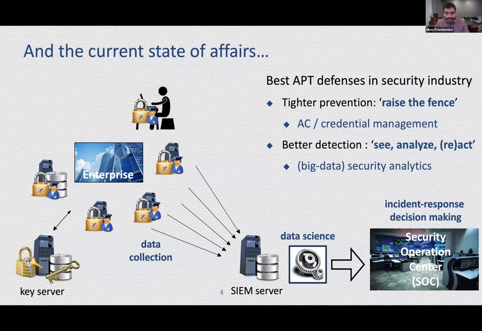And there is some further data analysis. This is where the magic of machine learning and data science happens, so that at the high level and at the human level, the so-called Security Operations Center, or SOC for short, will be able to see on some nice colorful screens what's going on and hopefully detect some anomalies in the system.